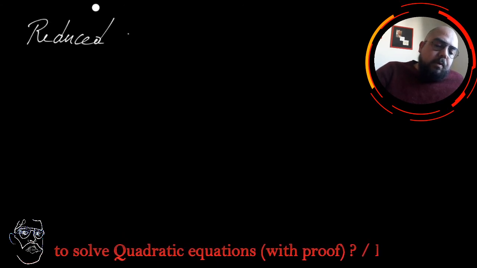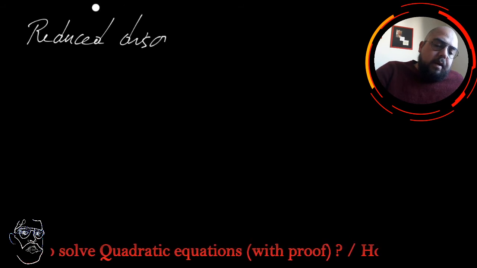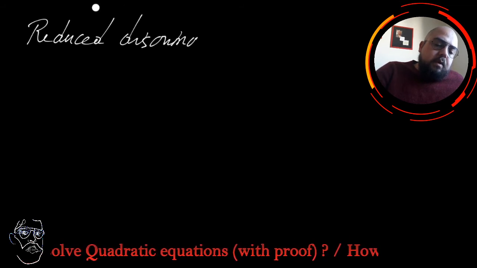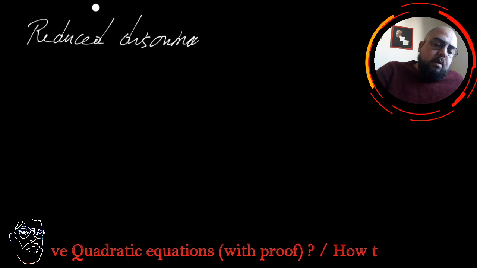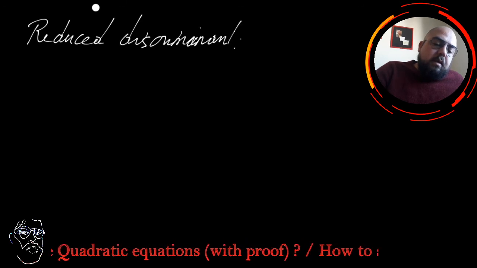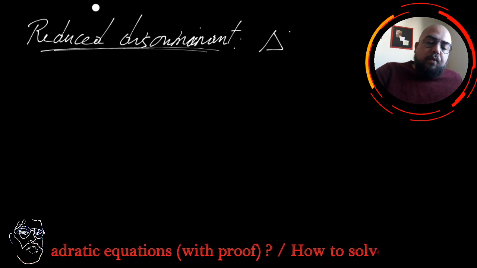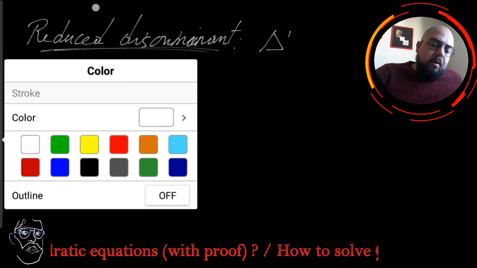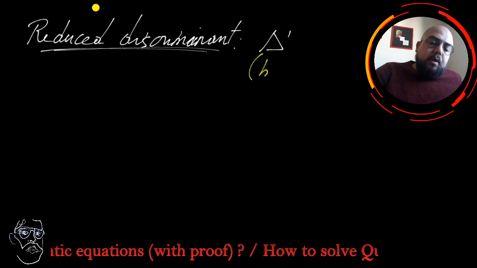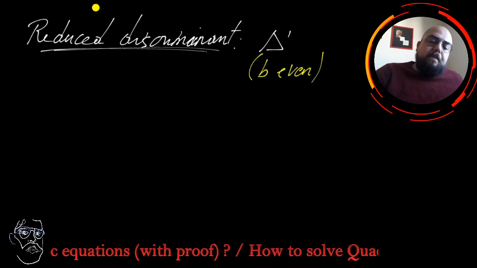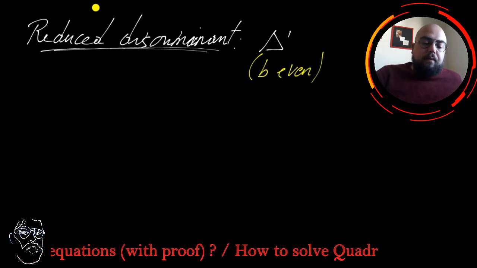So reduced discriminant, as we said previously, the discriminant is delta. So in this case it will be called delta prime. And delta prime whenever you have b which is even.